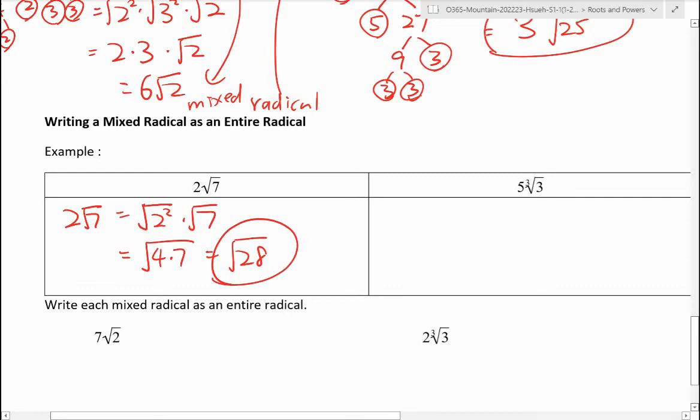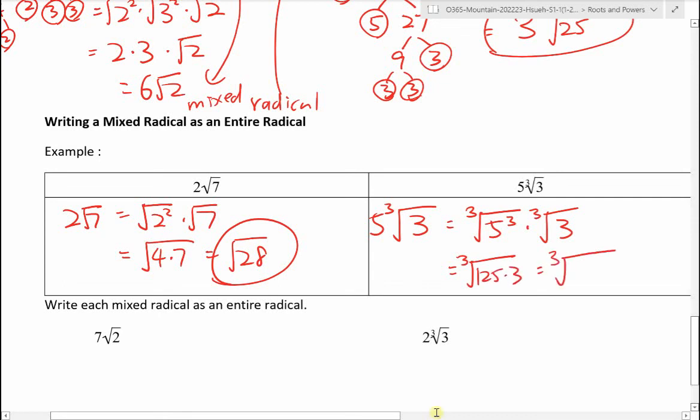Okay, so similarly for the cube roots, if you want to turn this into the entire radical, let me write the question actually. The 5 cube root of 3, you can turn 5 into cube root of 5 cubed, and then times the cube root of 3, which will give us 5 cubed is 125 times 3.